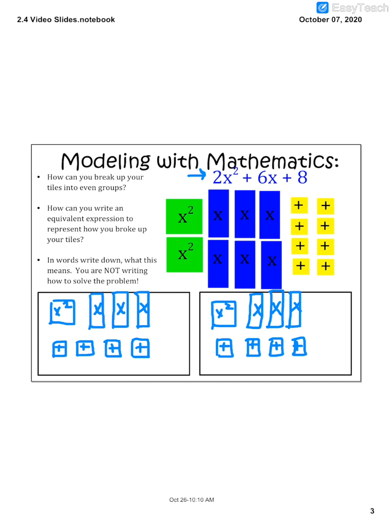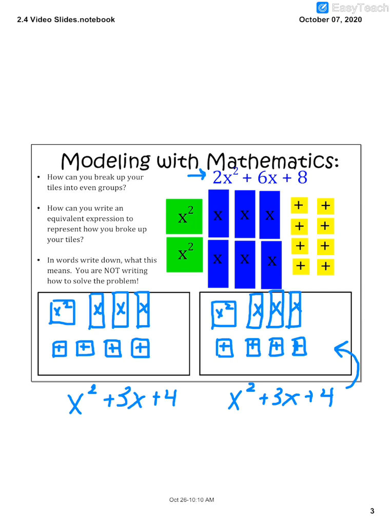How can you write an equivalent expression to represent how you broke up your tiles? Well, if I want to write an equivalent expression, I have x squared plus 3x plus 4. I also have x squared plus 3x plus 4. So this expression represents what I did with my tiles.